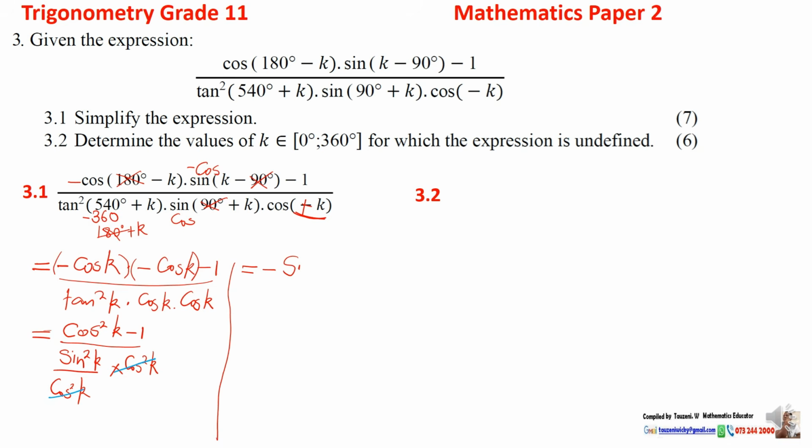So this is a negative of sine squared k. Then at the bottom part, I'm dividing with sine squared k. Negative sine squared k divided by sine squared k. The answer to this question is negative 1. That is my answer for number 3.1.